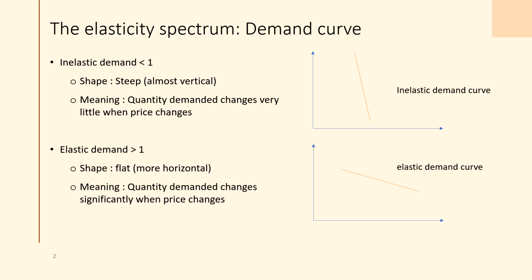In contrast, when demand is elastic, meaning elasticity is greater than 1, the demand curve is relatively flat. This indicates that quantity demanded responds very much to price changes. So the slope of the curve gives us a visual clue about elasticity. A steeper curve suggests low responsiveness, while a flatter curve suggests high responsiveness.